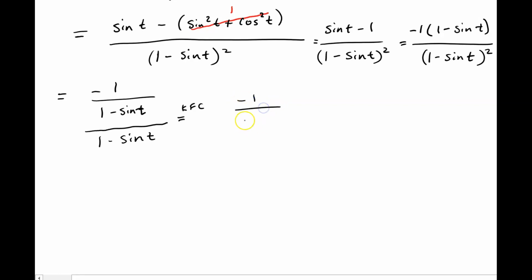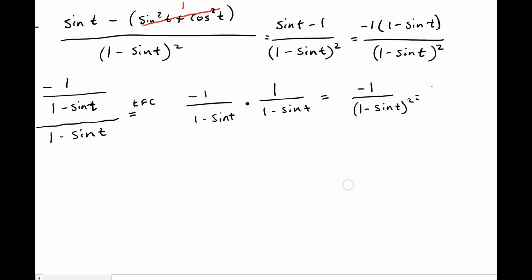Negative 1 over 1 minus the sine t becomes times 1 over 1 minus the sine t. Always remember the KFC when dividing fractions. And what is that going to leave you with? It's going to leave you with a negative 1 over 1 minus the sine of t squared. So this right here is, of course, your second derivative.